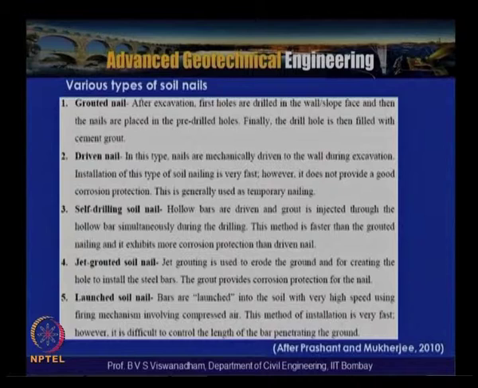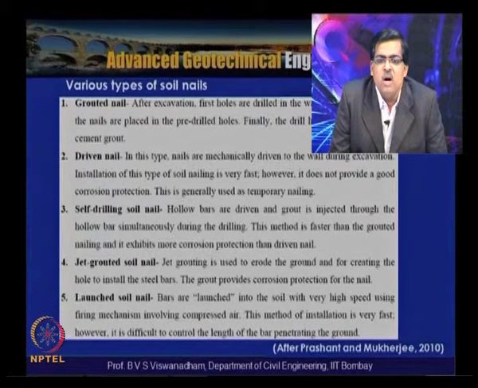In this case, the entire length of the nail is filled with cement grout, and the placement of this cement grout also helps in bonding the nail-grout surface with the surrounding soil efficiently.